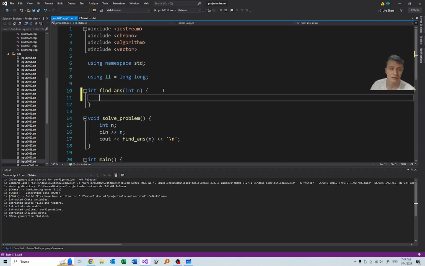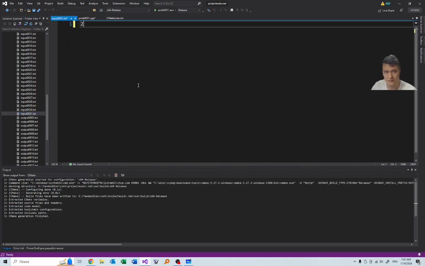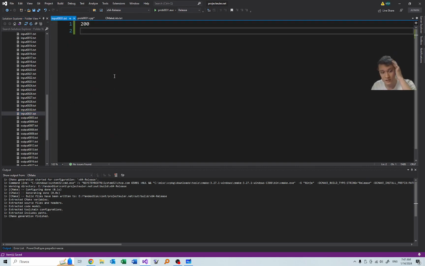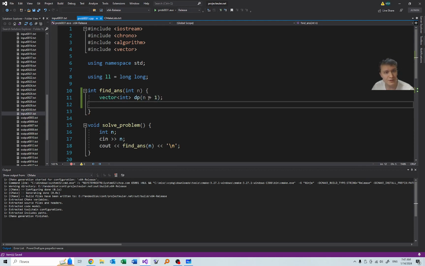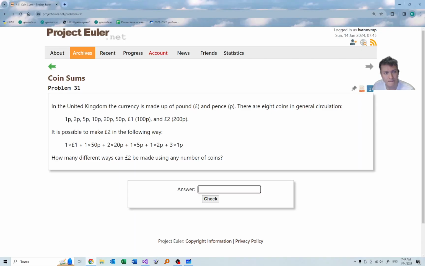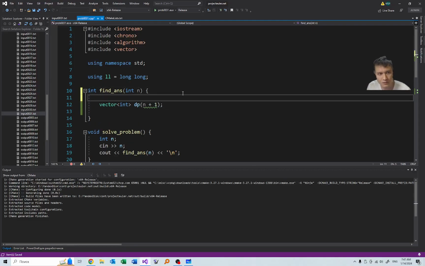how is it done? First of all, 2 pounds we will represent as 200 because it is 200 pence. To solve this problem, we will find a DP which consists of n plus 1 numbers, which is the number of ways to represent this value. Okay, so also we have several coins.